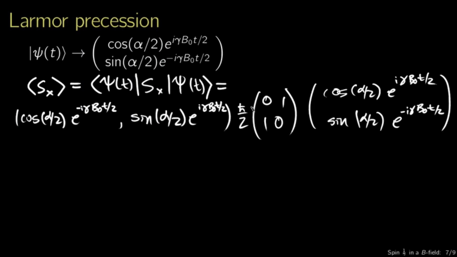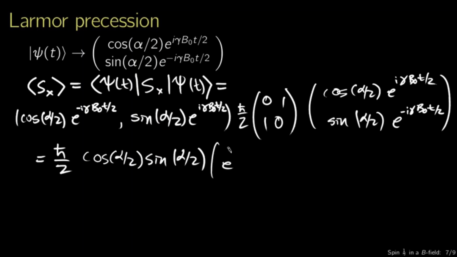The complex exponentials combine in much the same way. I'm going to have an e to the minus something combining with an e to the minus something in multiplication, and an e to the plus something combining with an e to the plus something in multiplication. If you write that all out, and I'm skipping obviously a lot of steps of algebra here, our h bar over 2 carries out to the front, and we're going to get a cosine alpha over 2 sine alpha over 2 times, factoring that out since it's present in both terms, e to the minus i gamma b0 t.